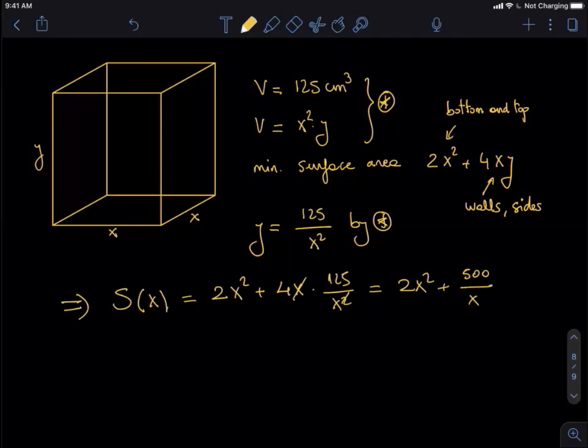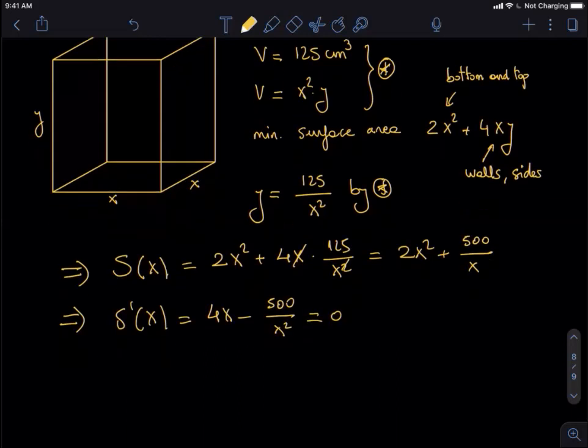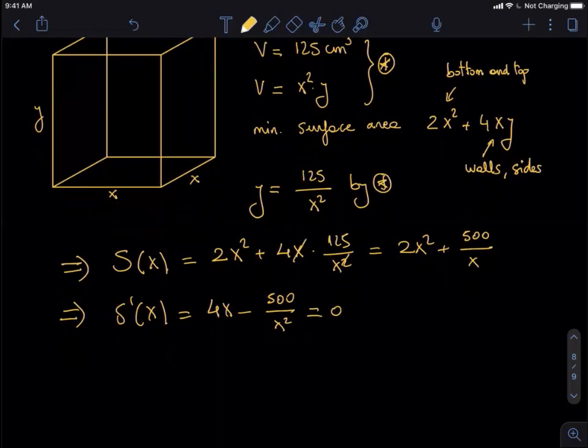So we already have the function we want to optimize, and we just need to compute the critical numbers. So the derivative is 4x minus 500 divided by x squared. We want this equal to 0. That will be if and only if 4x equals 500 divided by x squared.